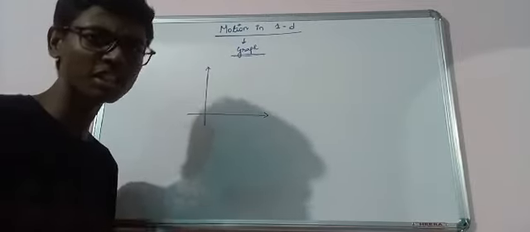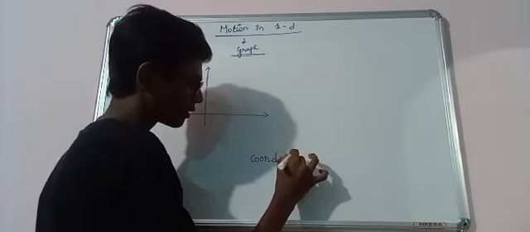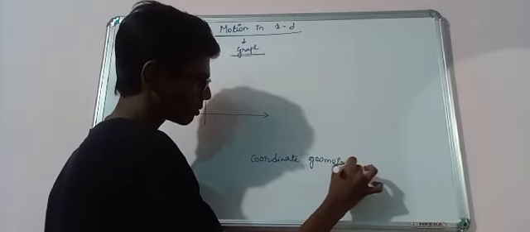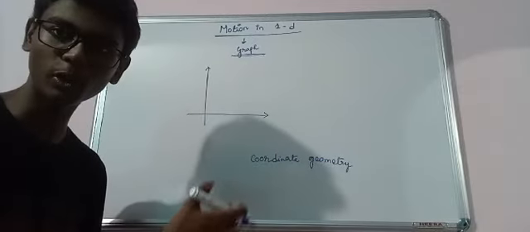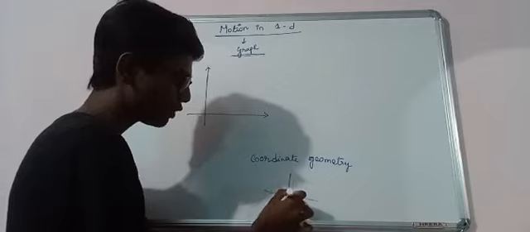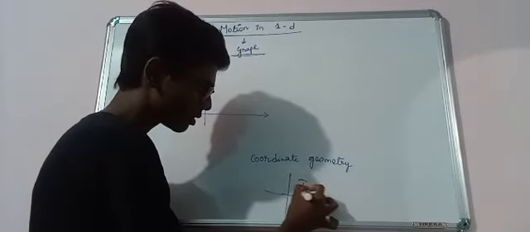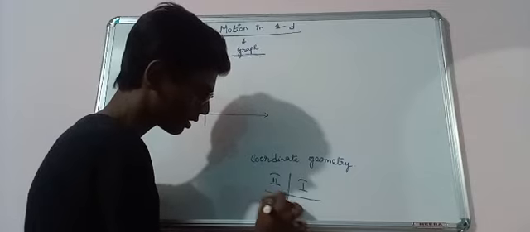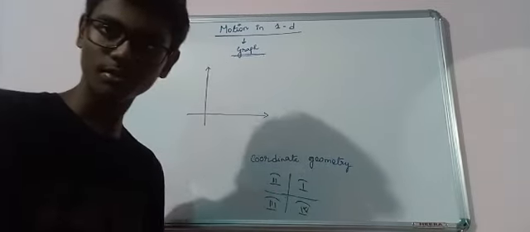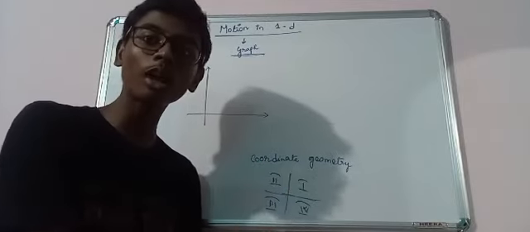In maths, there is one chapter which is called coordinate geometry. Now, I'll not talk about maths right now, but still, let me tell you a bit about coordinate geometry. In coordinate geometry, basically, we have axes like this. Okay? This is 1, 2, 3, 4. These are called quadrants. Okay, in coordinate geometry, these four parts are called quadrants.